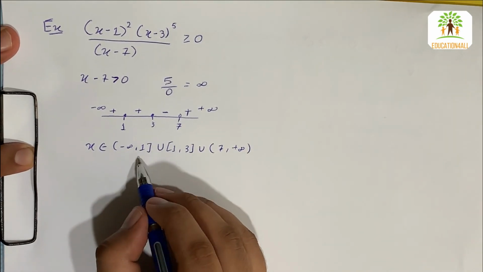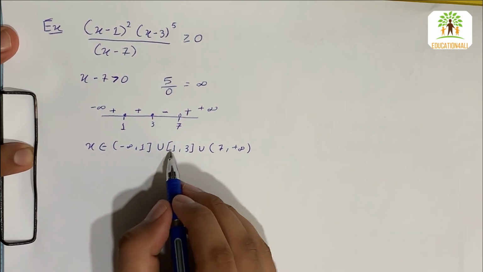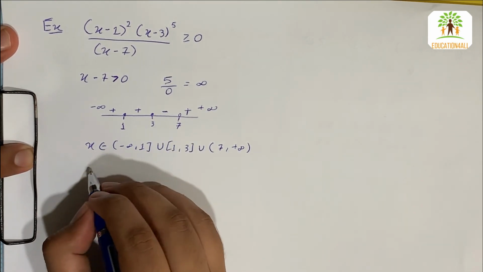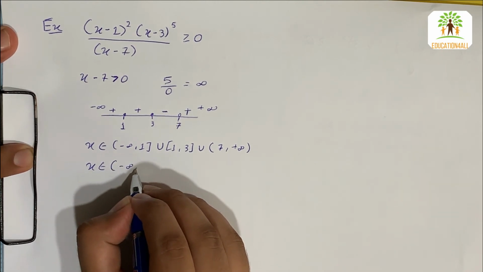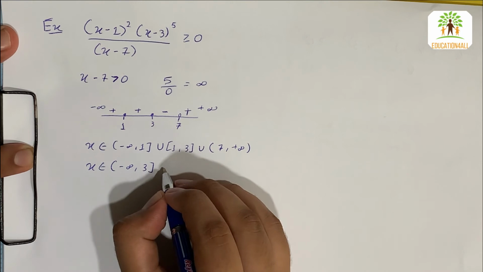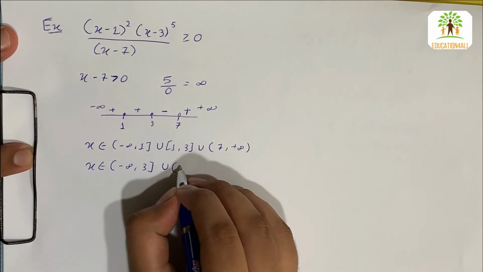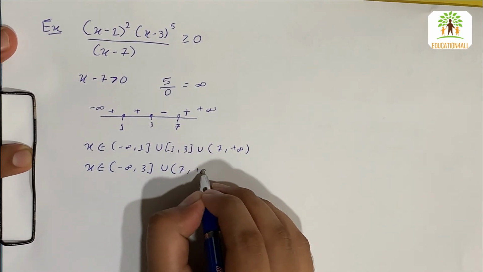And we can once again combine both these as 1 is a closed point, and we can write the final answer as x belongs to minus infinity comma 3 union open bracket 7 comma plus infinity.